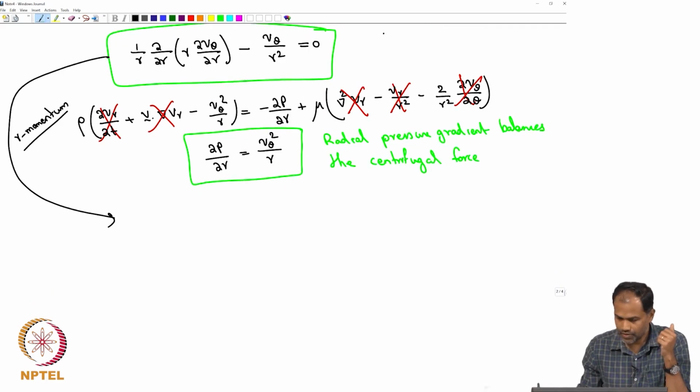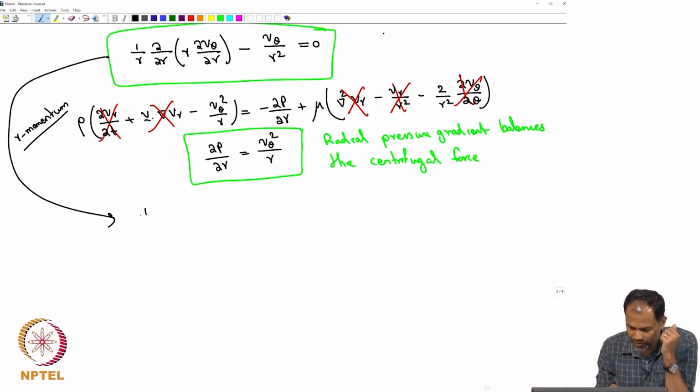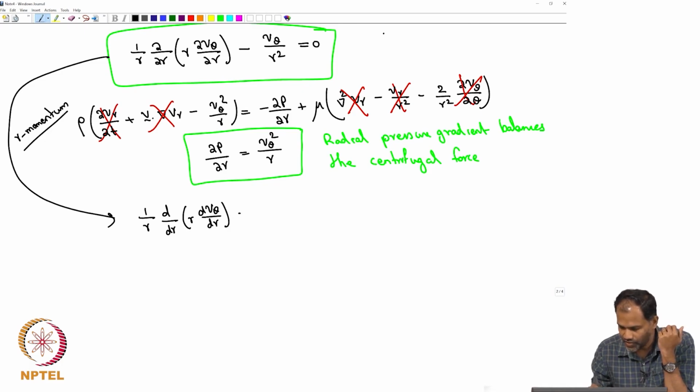So, the equation, let me write it down again: 1 over r d/dr of r dv theta/dr, now ordinary derivatives since we do not need partials, minus v theta by r square is equal to 0.